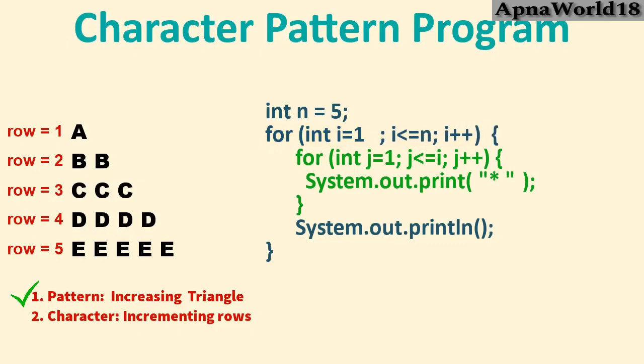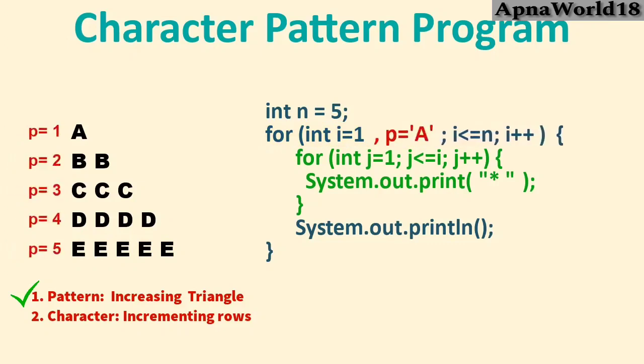What we will do is use another value P in the outer loop and initialize it to the first value that is expected. Here it is A, so either you can put in the character A or you can put its ASCII code 65. Both would work. In the increment section, we will increment it every time it goes to the next row.